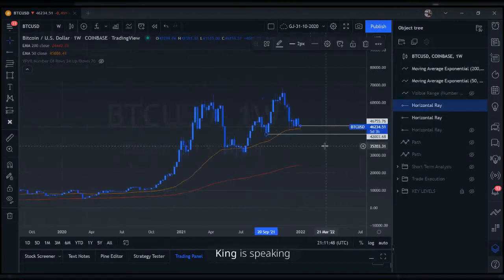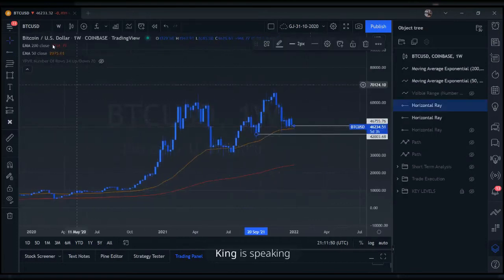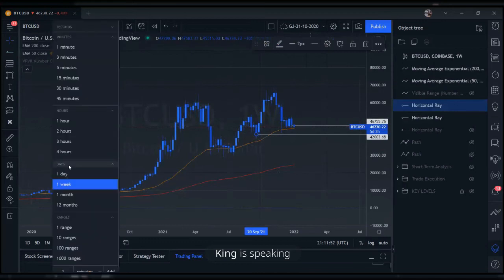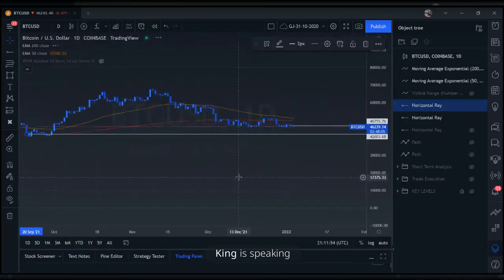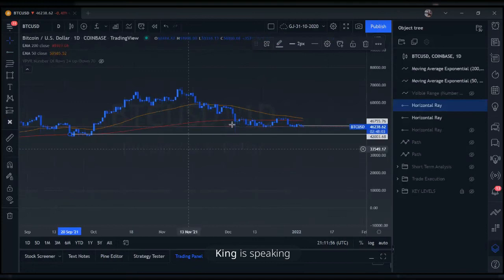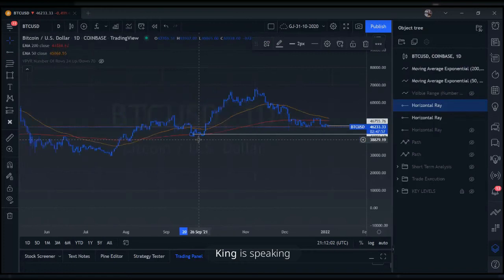So what you're looking for, I would say, with the EMAs, the higher the time frame, the more valid it is. As you can see here on the daily, we're kind of getting a swing. The 200 EMA has been broken, and we're sort of trading lower from that break and retest.